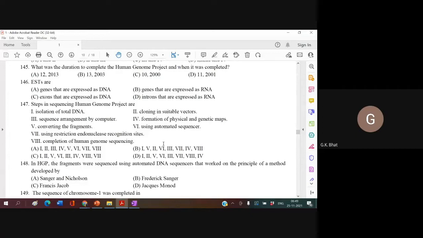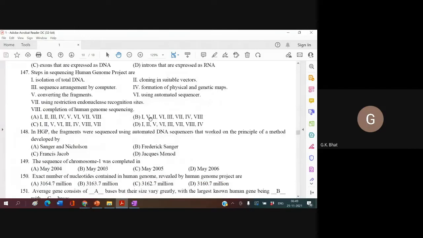146. ESTs are genes that are expressed as RNA. B. 147. Steps in sequencing the human genome project. Which should be the first? Isolation. Option B. 148.